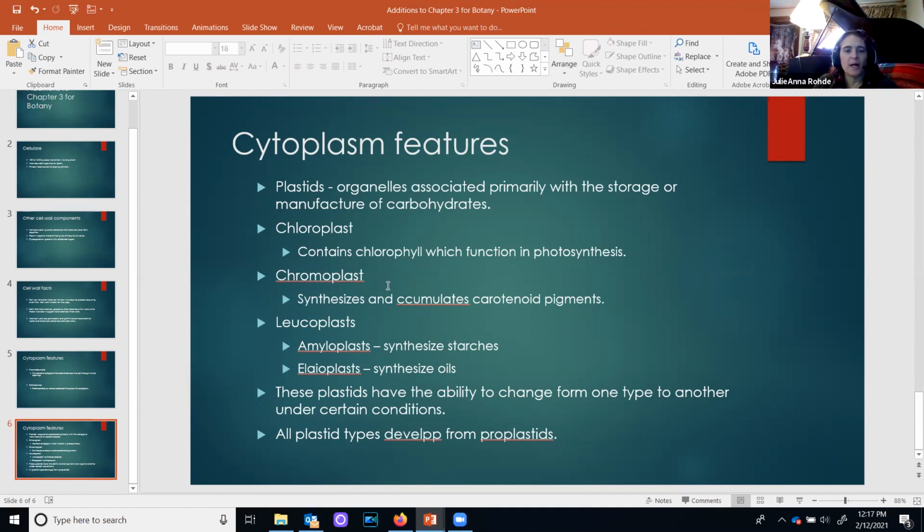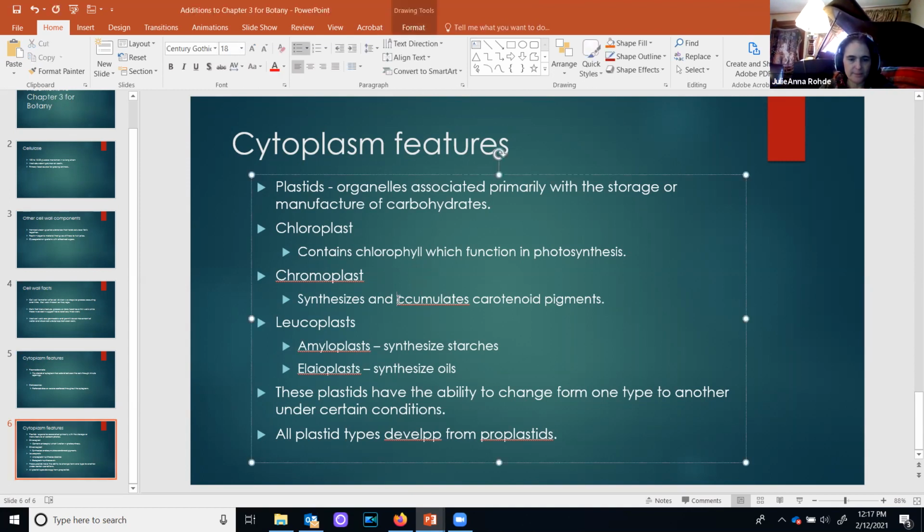The chromoplast. Anytime you see the term chromo, it usually has something to do with color. There are other colors, but this one synthesizes and accumulates the carotenoid pigments, which give carrots their orange color.